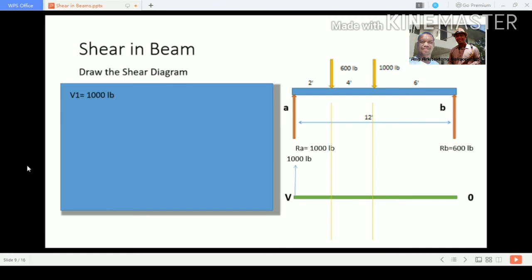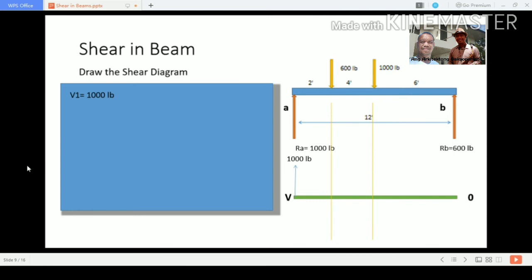Okay. So since we have now our RA and RB, we can now draw the shear diagram. Okay. So first we have at RA equivalent to V1, represented by letter V. We have 1,000 pounds going up. Okay, so going up, so that is 1,000 pounds.